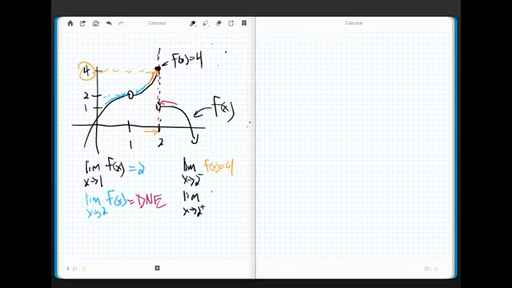There has been some confusion in the past about what this positive negative side means. This just means the negative side of 2, which means the left-hand side of 2, like the negative side of the real number line is everything to the left of 0. So this negative has everything to do with this value, in this case, x equals 2. The limit as x approaches 2 from the positive side, check it out. It's already kind of sitting here for us, isn't it? What are we headed for? It appears to be 1.